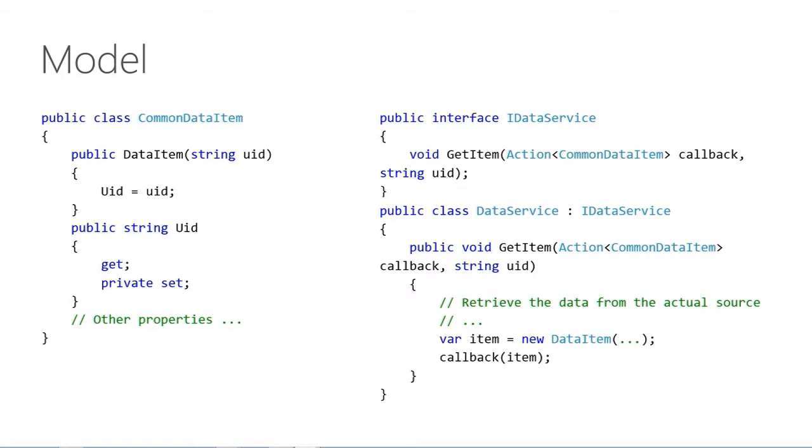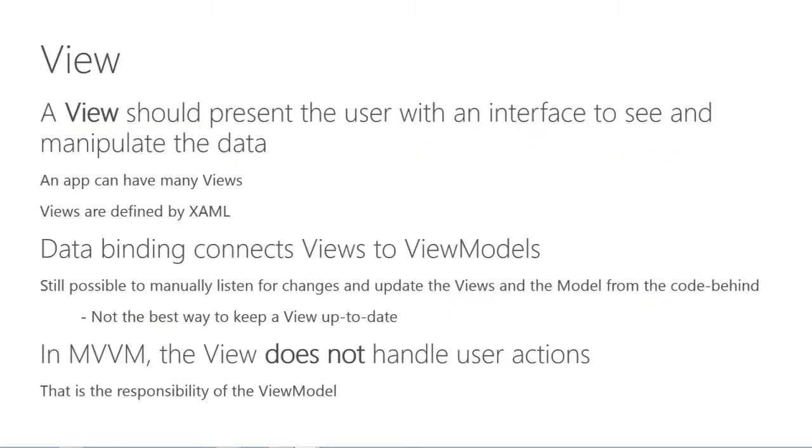So here's the GetItem, the data service that is implementing IDataService, and the GetItem where you're actually retrieving the data, and so on. I'm not going to go into a lot of detail here, but you can have a look in DataModel/SampleDataSource to see how all of those are implemented, Get and all of the others.